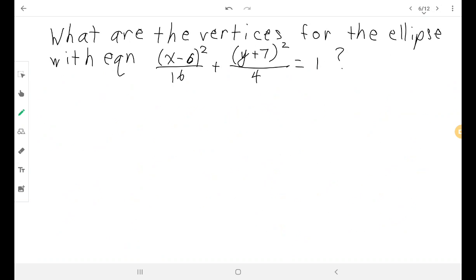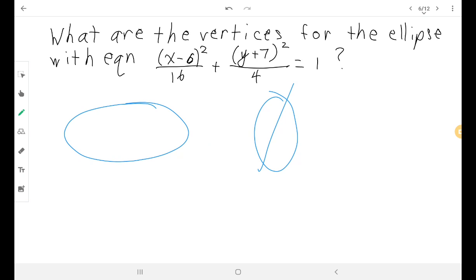All right, what are the vertices for the ellipse with this equation? So now we're giving you an equation, and we want to know some stuff, right? Some things that you can tell. Since the bigger number is underneath the x, this is wide rather than tall.